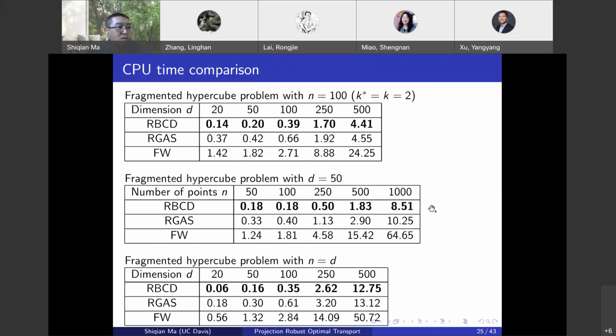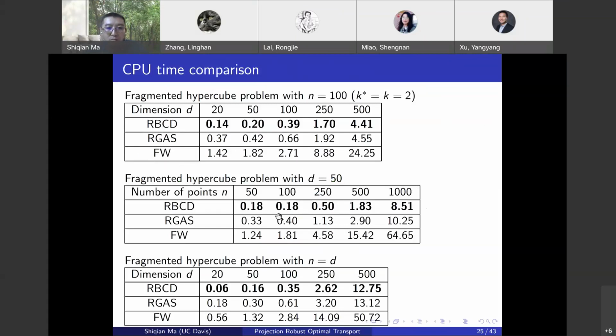We also did some CPU time comparison. So we compared our RBCD algorithm with Rgas, and also another method called the Frank-Wolfe method. I didn't have time to explain this one. Basically, this projection robust Wasserstein distance problem has a convex relaxation, and people proposed to use the Frank-Wolfe method to solve that convex relaxation.